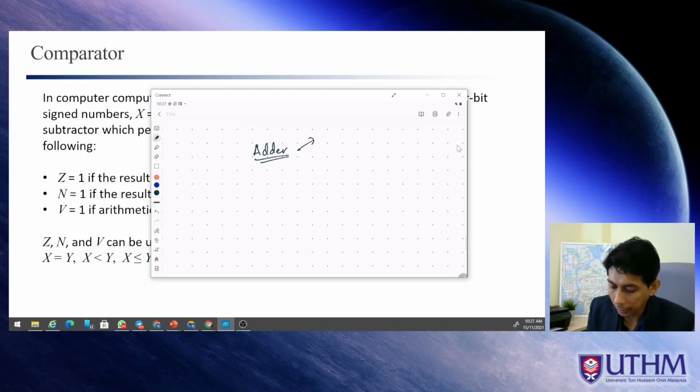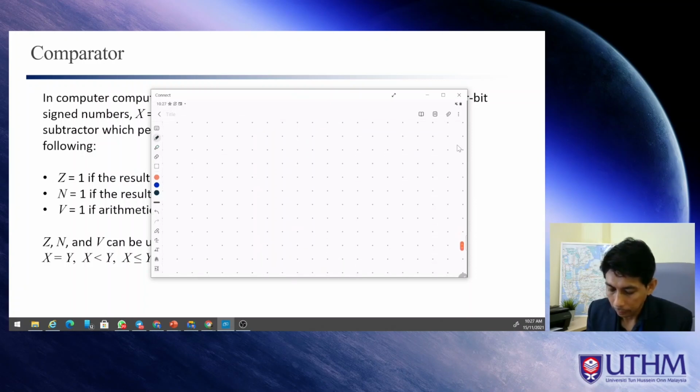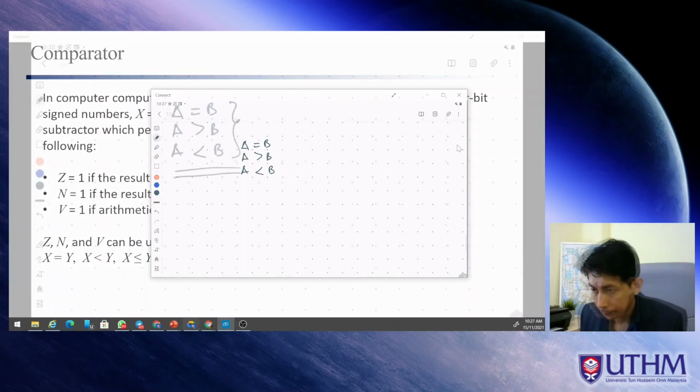First, of course, it can do add, it can do sub, and last one, it can do comparison. How? Look at this. If you want to know whether a is equal to b, or a is greater than b, or a is less than b or not, what to do?